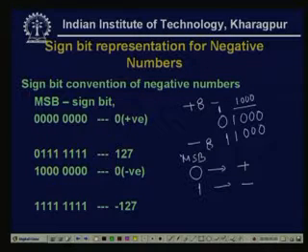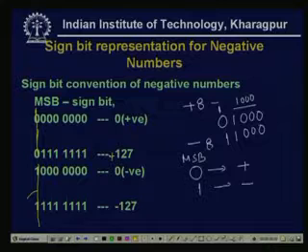So, if it is say 8 bit numbers, the MSB, this one, is my sign bit, it represents the sign. See, here it is 0, so this is a positive number. Here it is 0, so this must be a positive number.